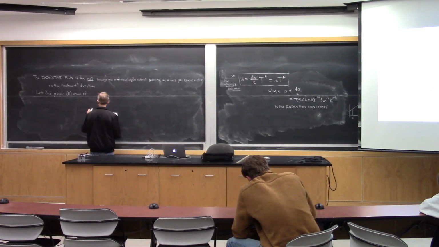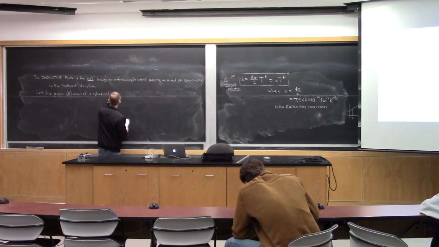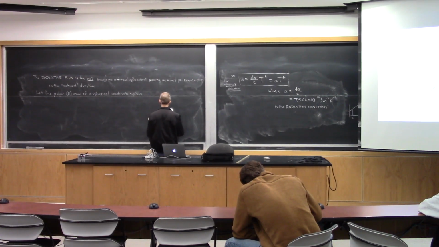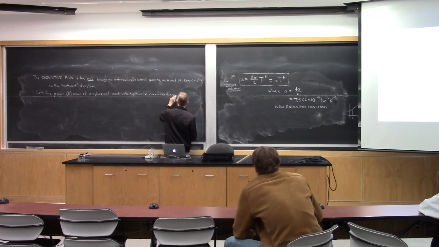But the polar axis of a spherical coordinate system be normal to the surface in the outward direction. Normal again means perpendicular. Normal to the surface in the outward direction.